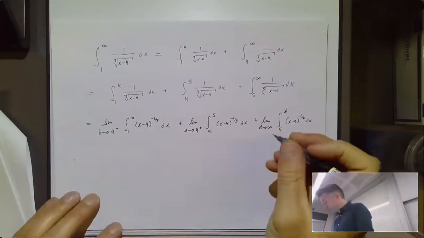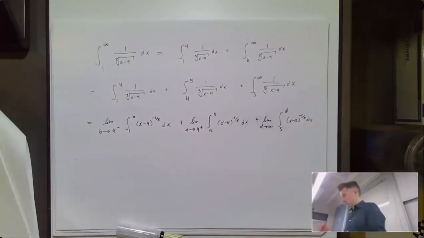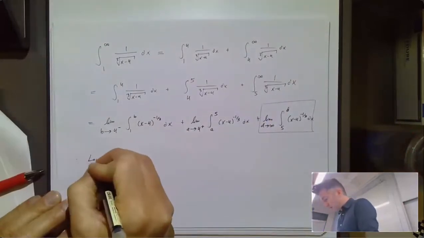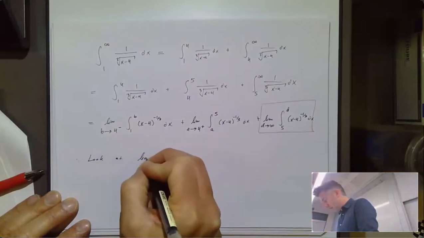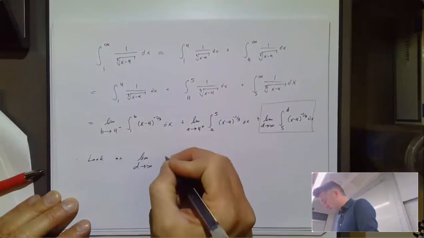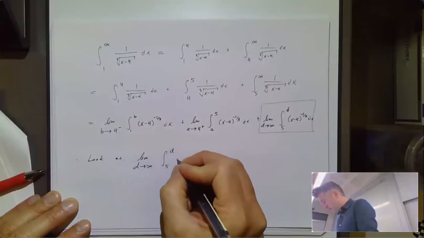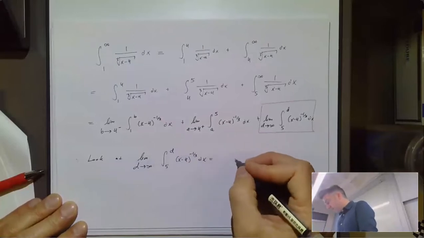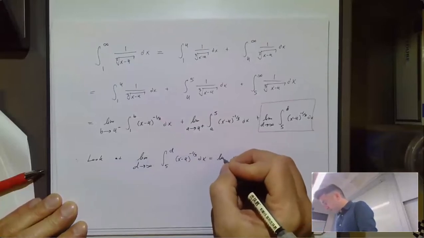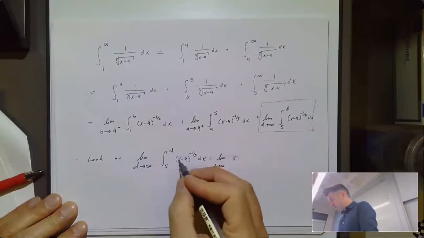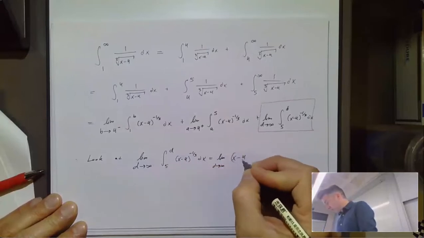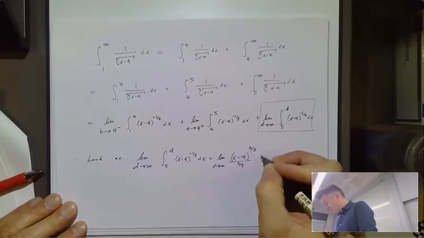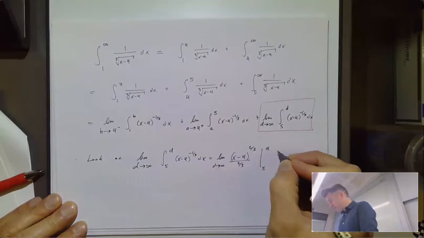So let's look at this piece. If we look at the limit as d goes to infinity of the integral from 5 to d of x minus 4 to the negative 1/3 dx, the integral of x minus 4 to the negative 1/3 is x minus 4 to the positive 2/3 divided by 2/3, from 5 to d.